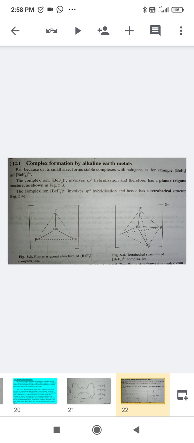The complex ion beryllium tetrafluoride involves sp3 hybridization, hence it has a tetrahedral structure. Figure 5.3 shows the beryllium trifluoride structure, and 5.4 shows the tetrahedral structure of the beryllium tetrafluoride complex ion.